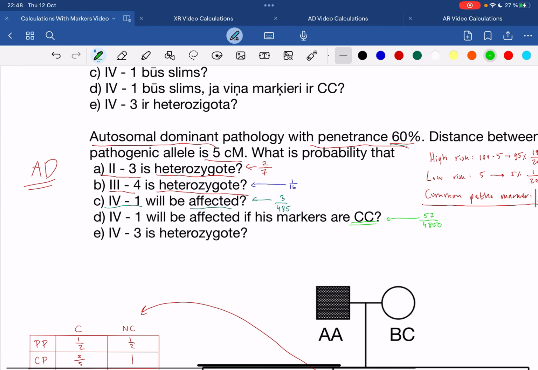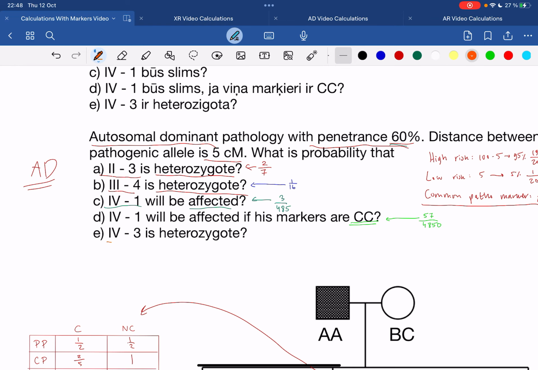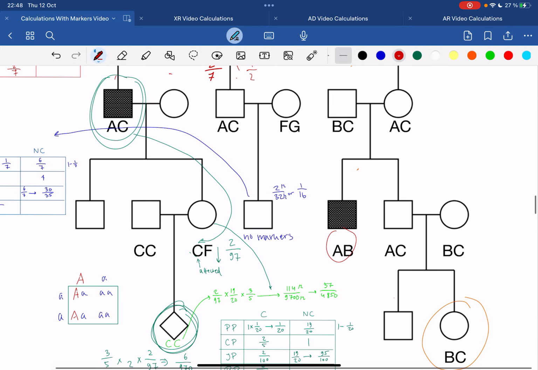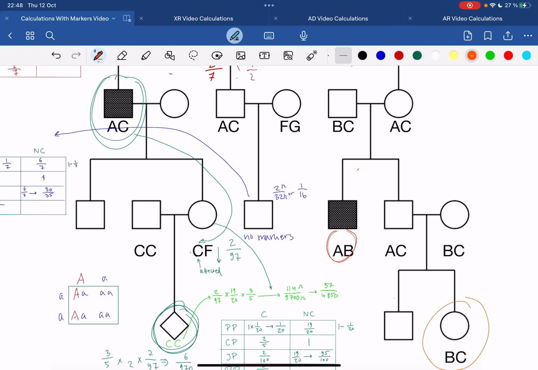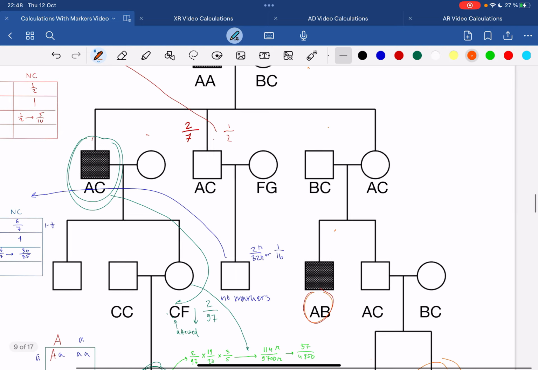Okay, next one. What is the chance for 4-3 to be heterozygote? 4-3, 1, 2, 3, 4. And it's this person right here. And now we can look to the closest relative that is affected, which is this person right here. He has an A, which is a common pathogenic marker, and he must have gotten it from his mom, because the only one that he could have gotten it from is his mom, of course.